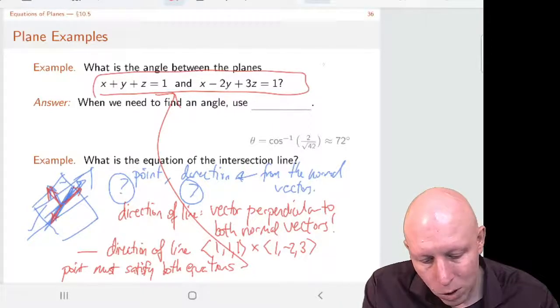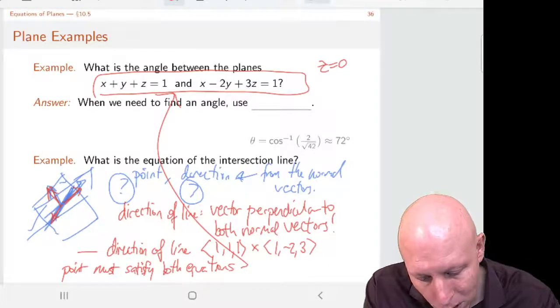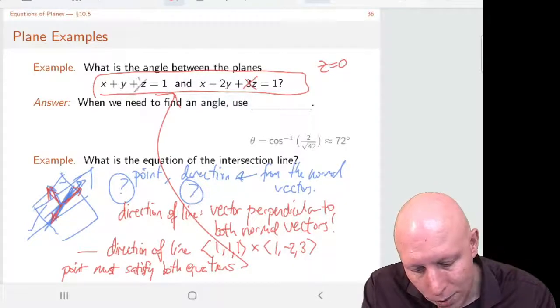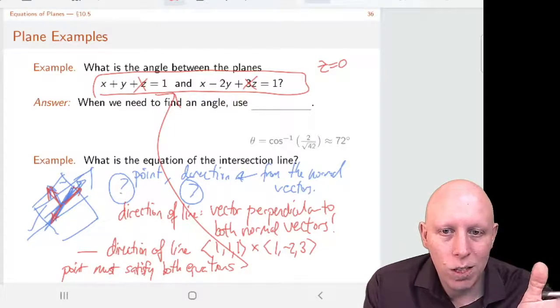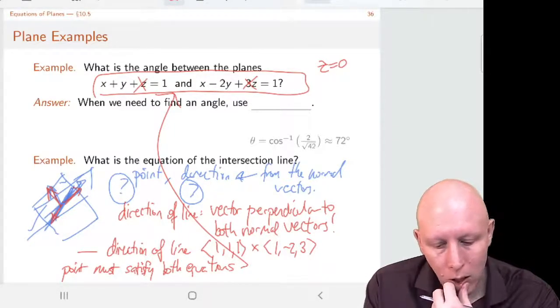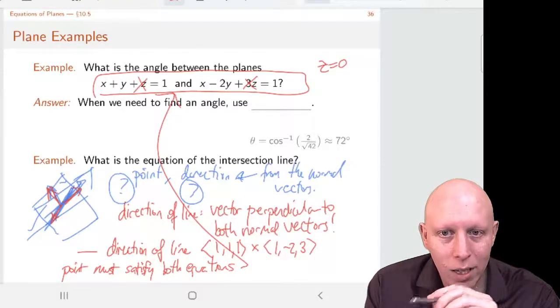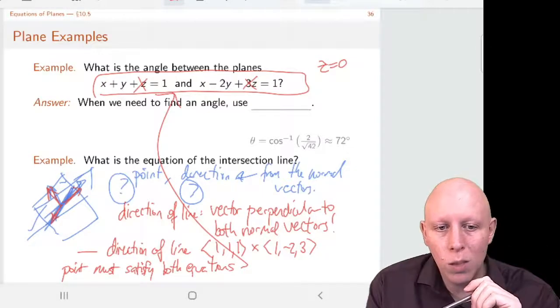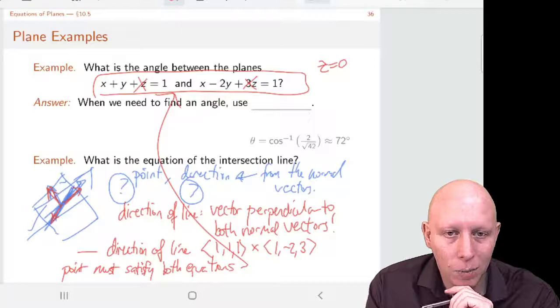I'm going to choose z equals 0, because I want to get rid of this part of the equations, just so that I have simpler equations to work with. Notice I didn't have to choose z equals 0, and it's also possible that z equals 0 doesn't work if you never go through the xy plane.